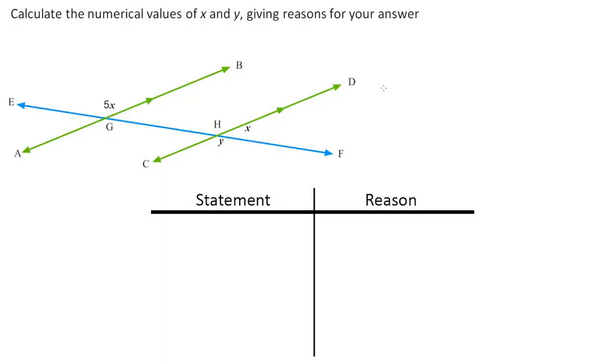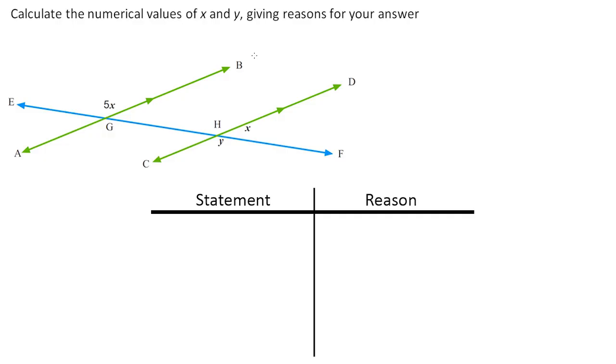Let's consider the following example. The question is, calculate the numerical values of x and y, giving reasons for your answer. What do we have here? We have two parallel lines in green, AB parallel with CD, and then we have the line EF.